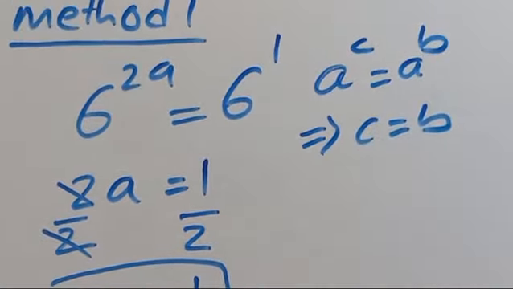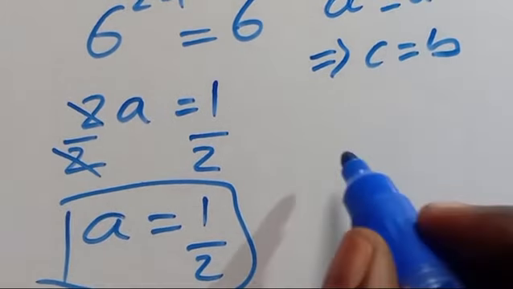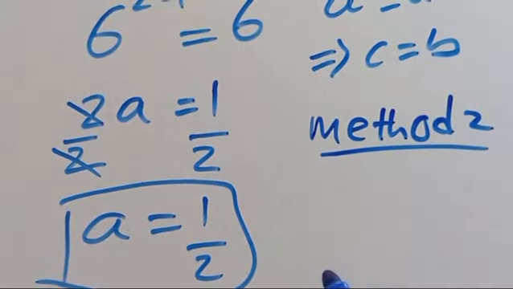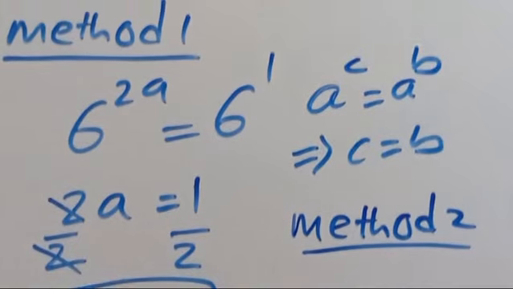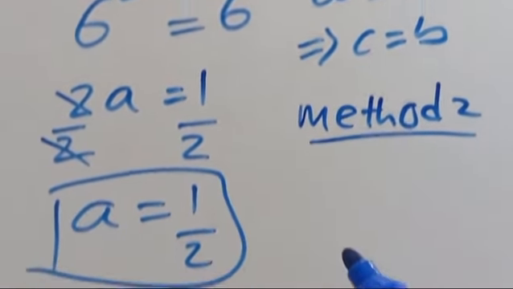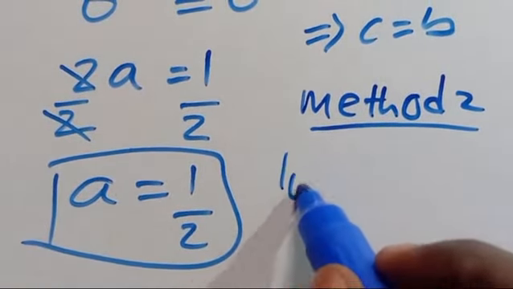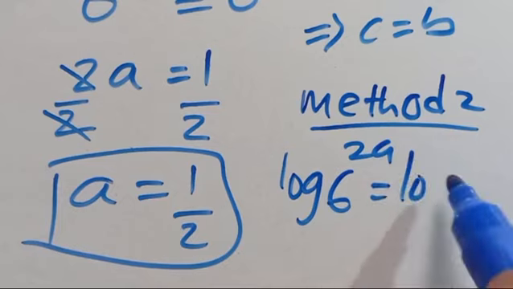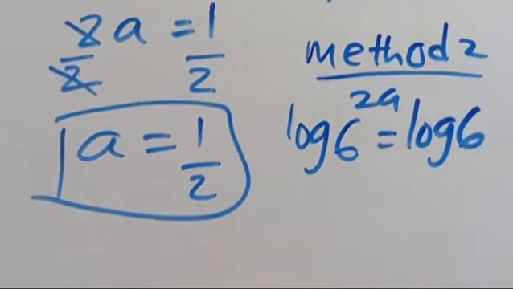Or if you want to apply the log, let's say method 2, when we take the log of both sides, we're going to have log of 6 to the power of 2a equals log 6.